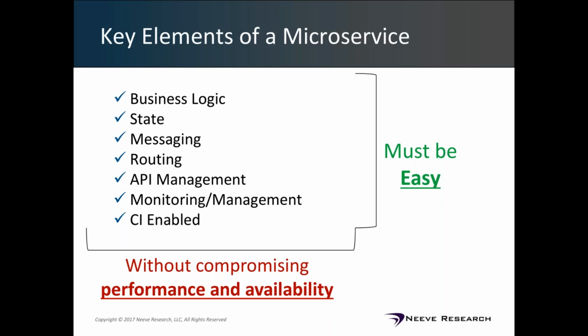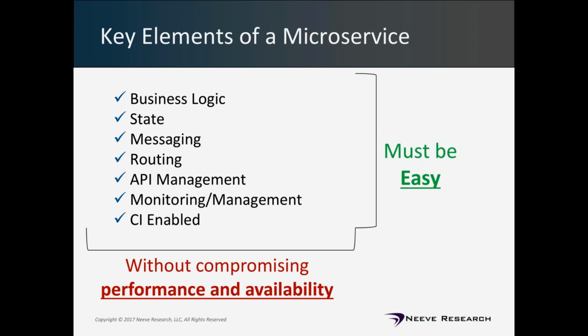The ability to manage contracts, which is the API management layer, so you make sure that your APIs can evolve so that each of these services can independently be deployed and managed in the environment. A very sophisticated monitoring and management environment is required. We'll discuss that in a minute. And finally, you need CI enablement. These are all non-trivial aspects, particularly in the context of distributed computing, which is peer-based distributed computing.